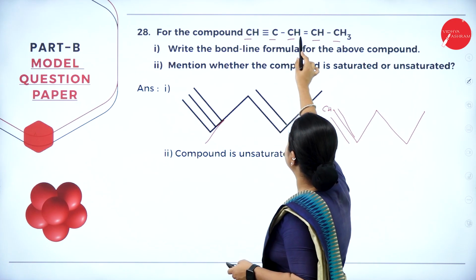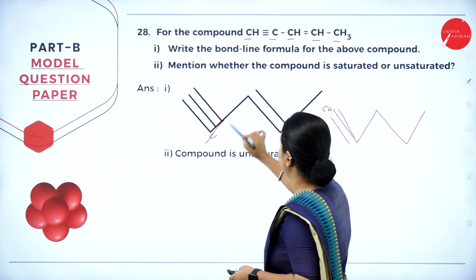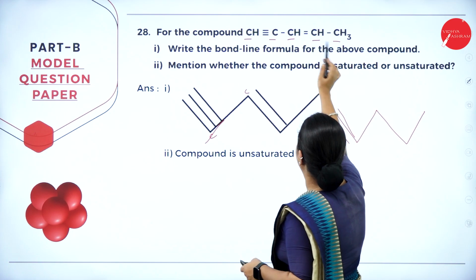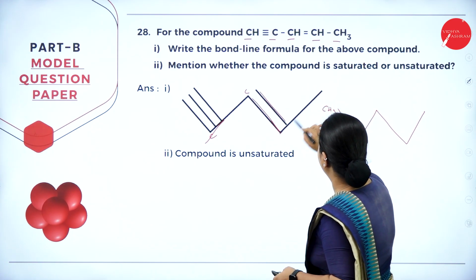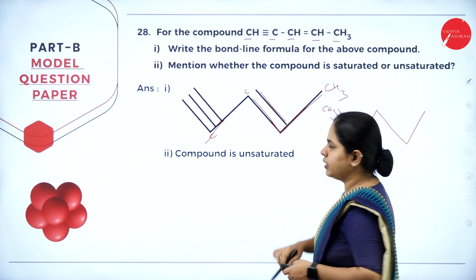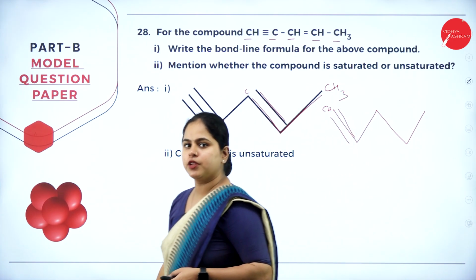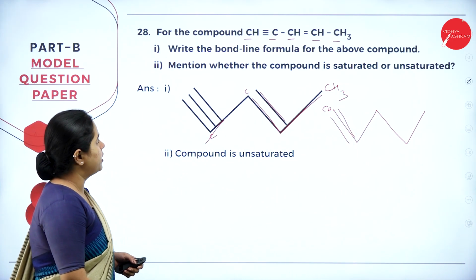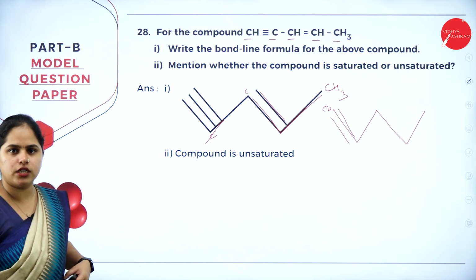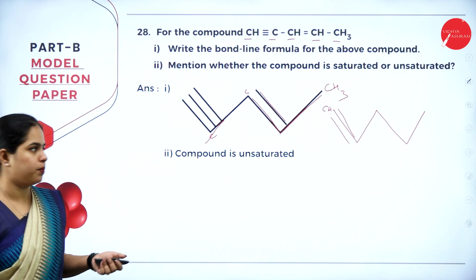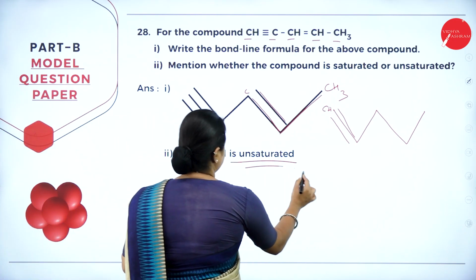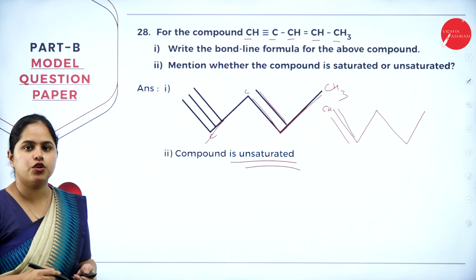Then you have CH, and then again a double bond, which is represented like this, and at the end you have CH3, right? So this is how you draw the bond line formula. And the next part is mention whether the compound is saturated or unsaturated. Of course, if there is a double or triple bond, the compound will be unsaturated. So like this you will get 2 marks.